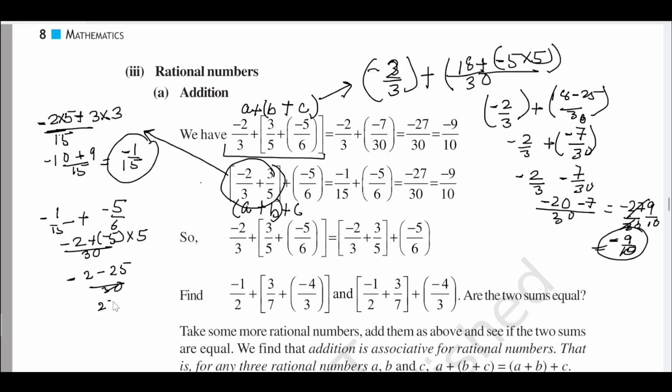That is minus 27 by 30, minus 9 by 10, dividing by 3. Here also we were getting minus 9 by 10. So we can say that rational number addition is associative, since LHS is equal to RHS.